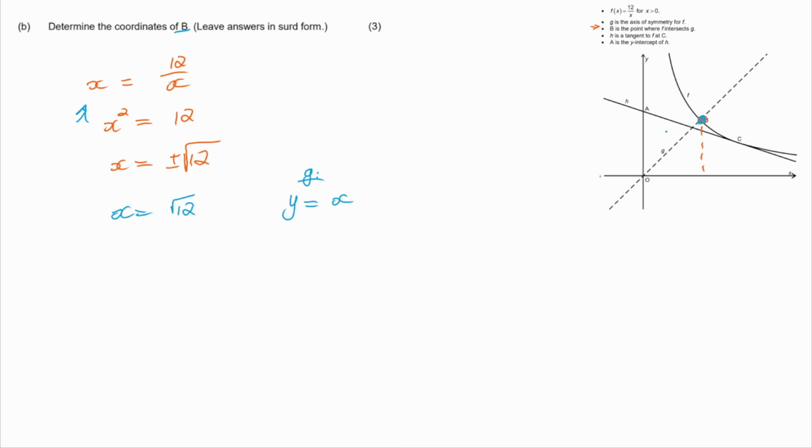So to find the y coordinate of B, the y part of the coordinate, we can just substitute it into g. So the coordinates of B are going to be root 12, root 12. I hope that makes sense. To get the y part, we need to sub it into one of our equations, and it'll just be easier to sub it into g.